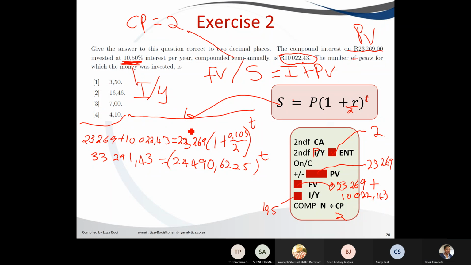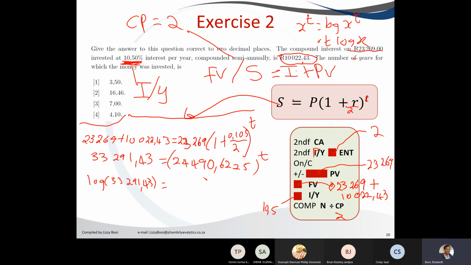Then we apply the log. If you know the logs, it will be easy. You apply the log this side, which will be the log of 33,291.43. On the other side, applying the rules of the log, let's say we have x to the power of t. The log of x to the power of t is the same as t times the log of x.